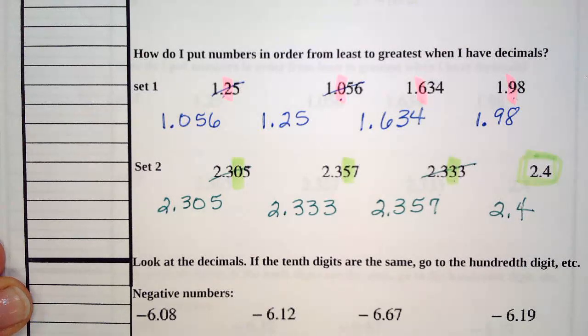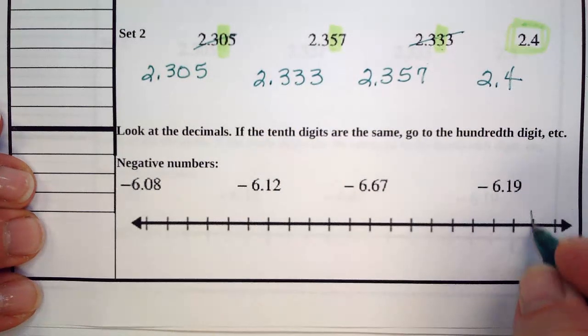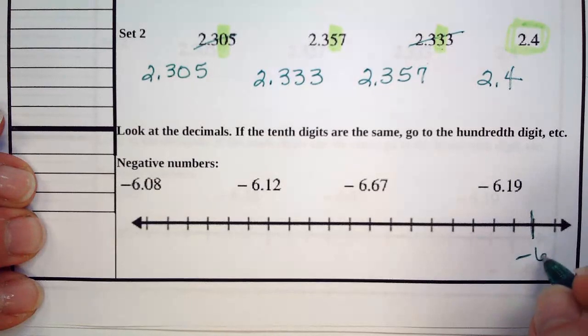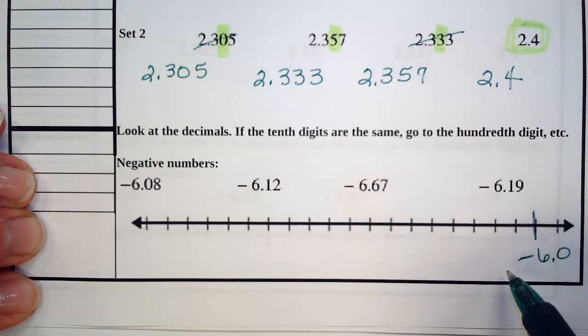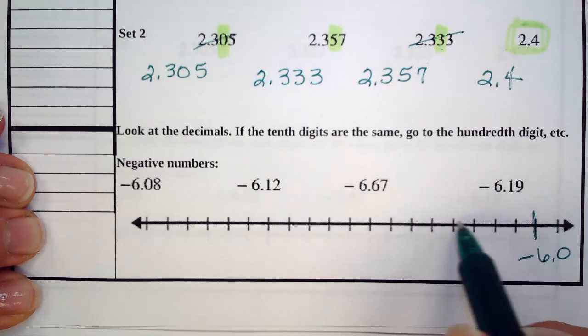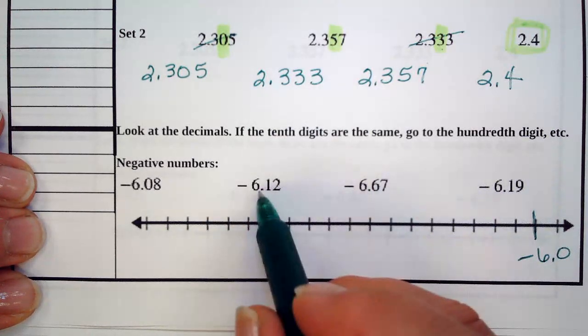Okay, let's think about negative numbers. Okay, if the tenths digits are the same, you go to the hundredths digits, etc. So if I want to order them on the number line, it's kind of going backwards from what the positive line is, because now as I go in the negative direction, the base will get bigger.